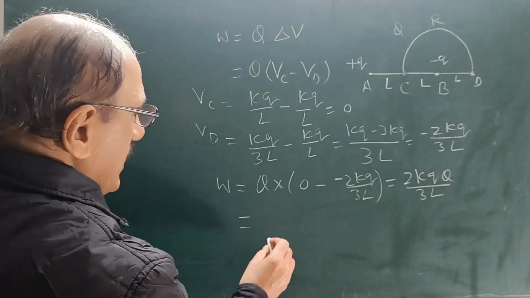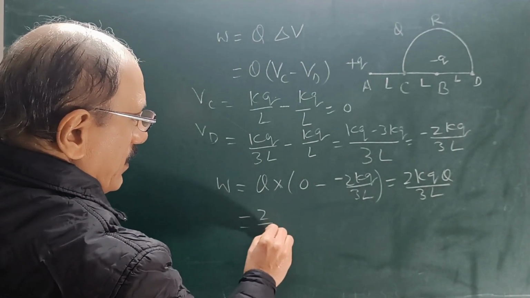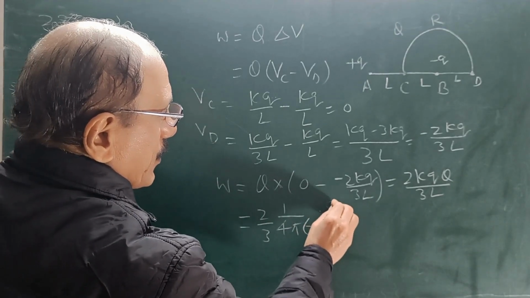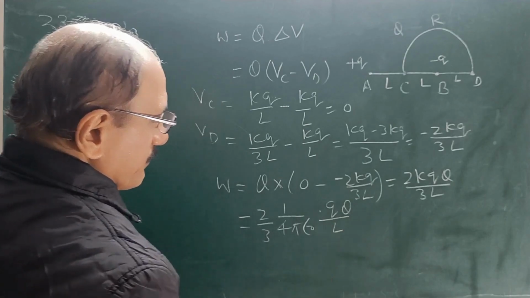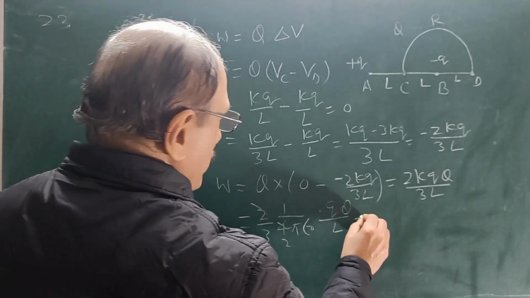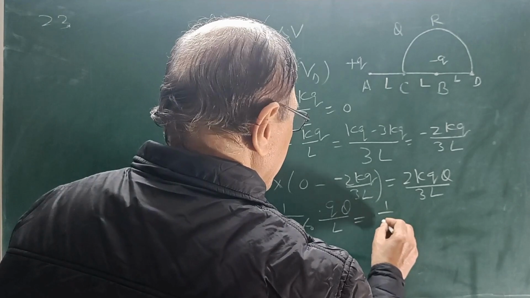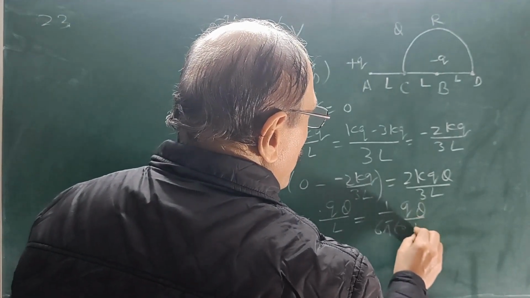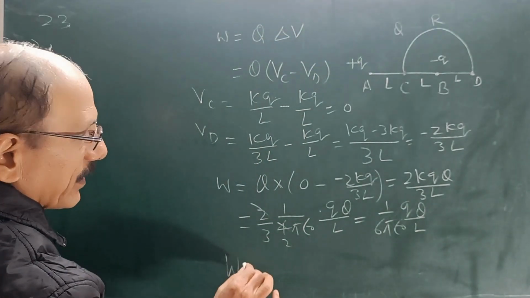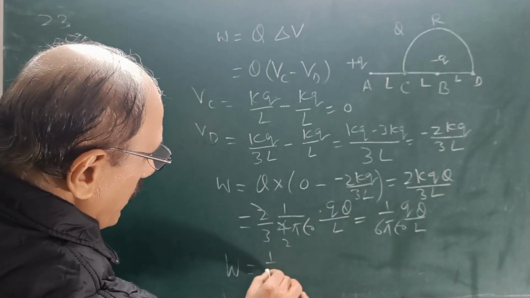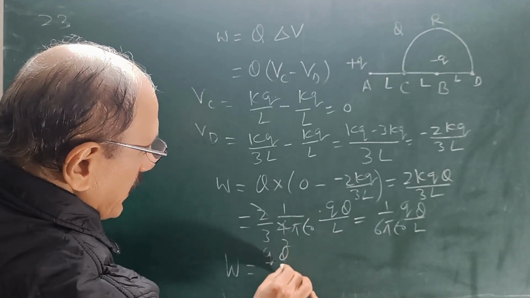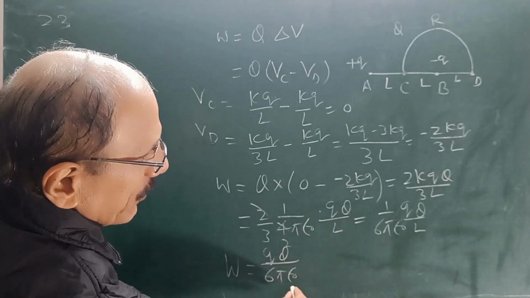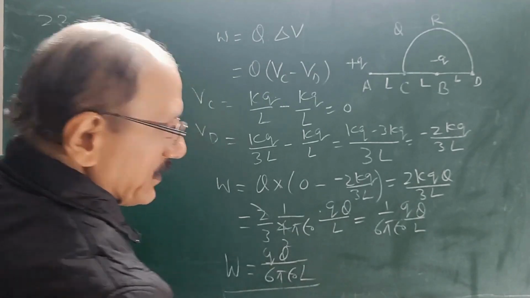Replacing the value of k, that is 1 upon 4 pi epsilon naught, qQ upon L. So this cancels, and we get 1 upon 6 pi epsilon naught qQ by L. So the work done is qQ upon 6 pi epsilon naught L. So this is the answer.